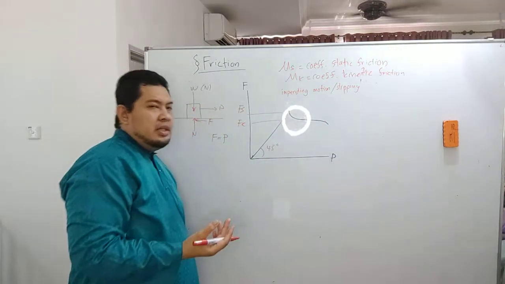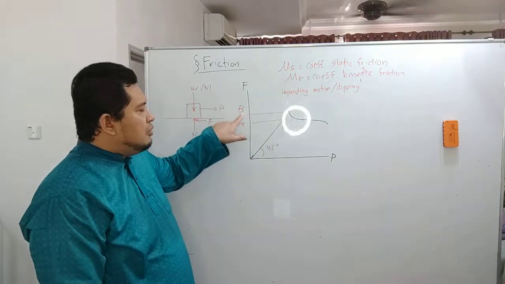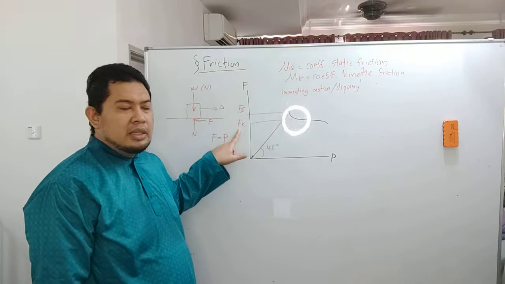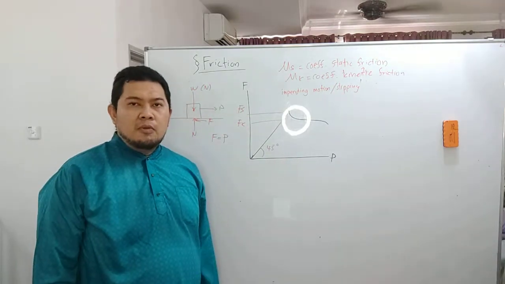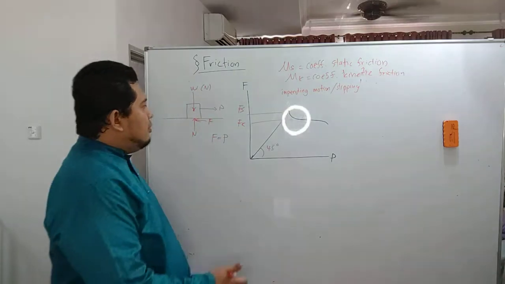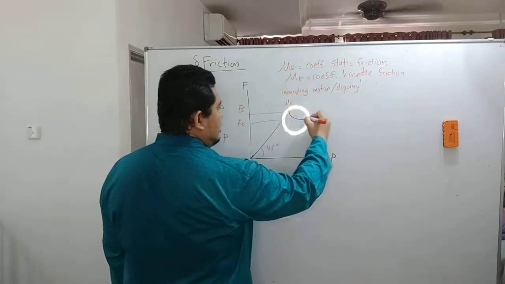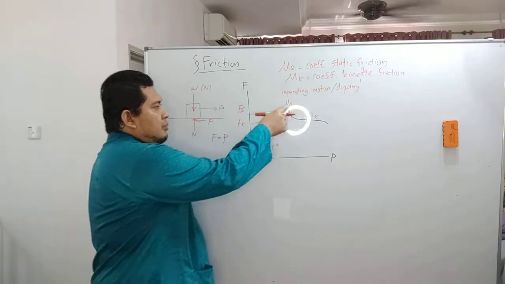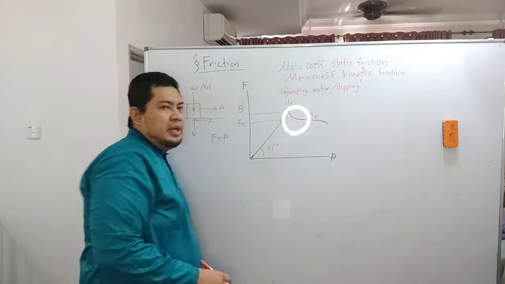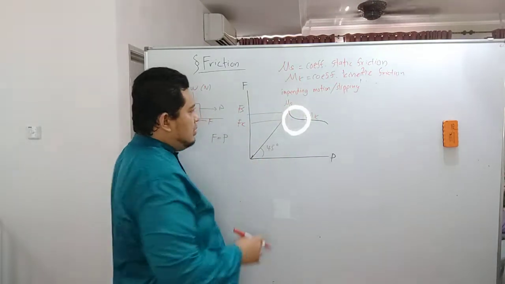The reason the static friction is bigger than the kinetic friction is the coefficient of static friction, mu s, compared to mu k. So mu s is much bigger than mu k, so you have a lower friction force over here.